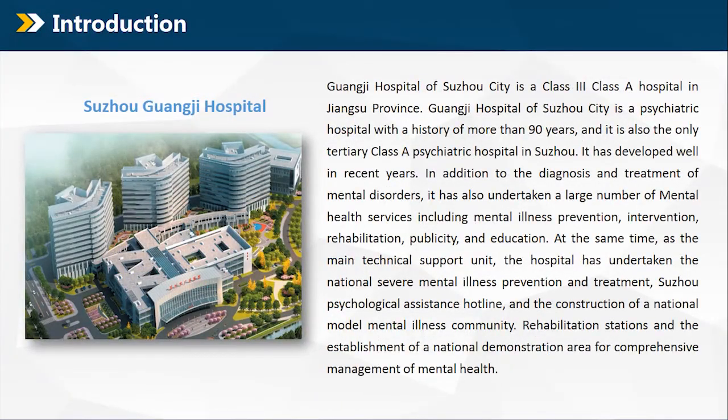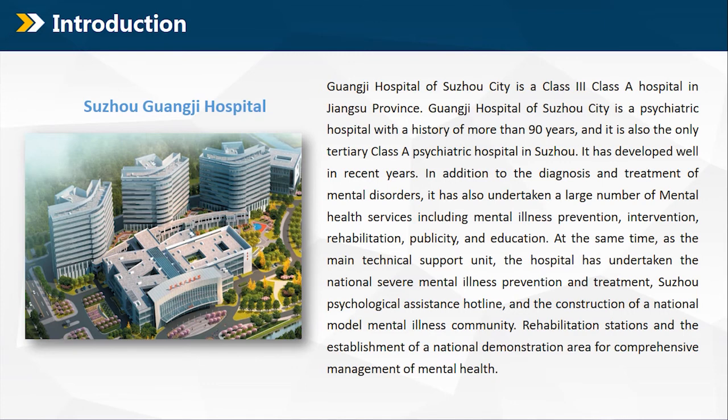Guangji Hospital of Suzhou City is a Class 3, Class A hospital in Jiangsu Province. Guangji Hospital of Suzhou City is a psychiatric hospital with a history of more than 90 years, and it is also the only main technical support unit.